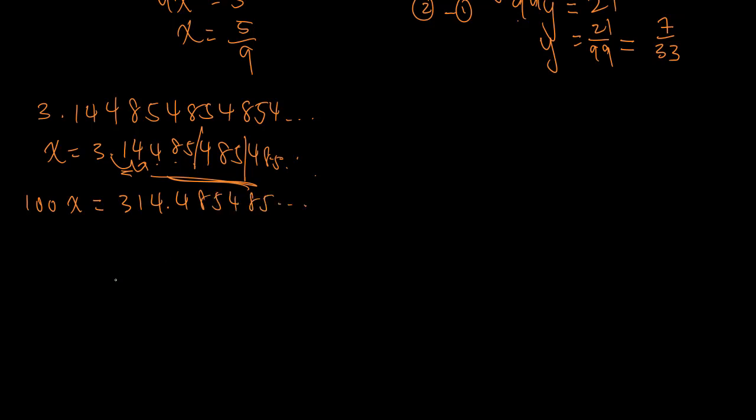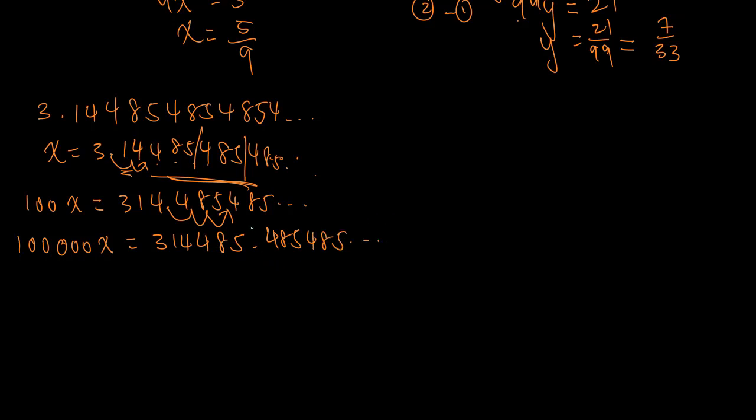And the second number that I can have is this: I can multiply this by another 1000. So I will have 100,000x equals 314485.485485 at the back.